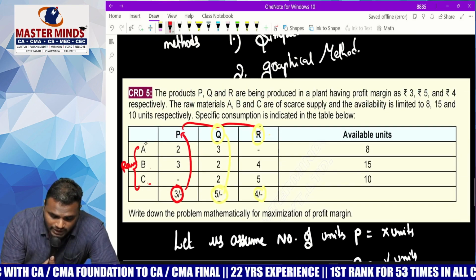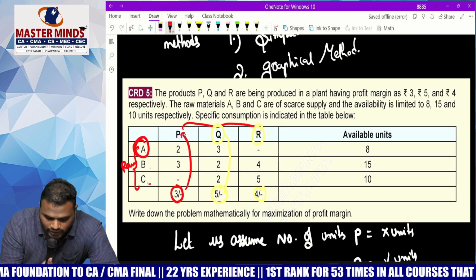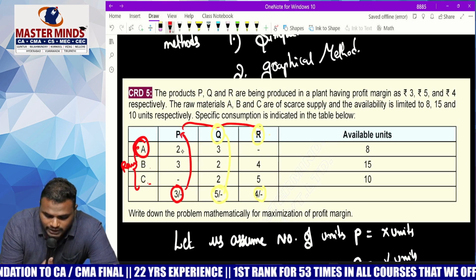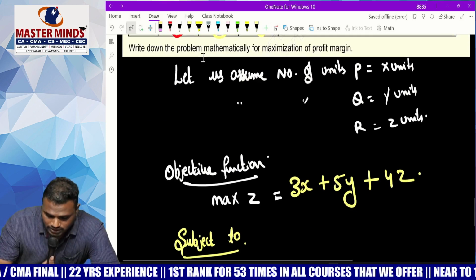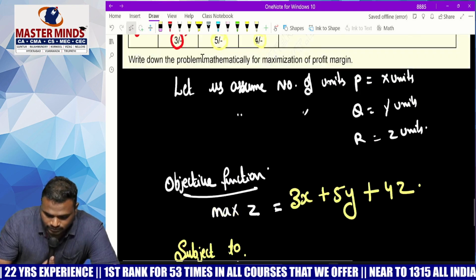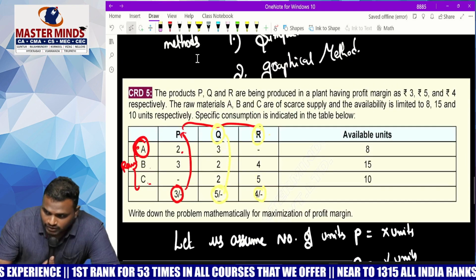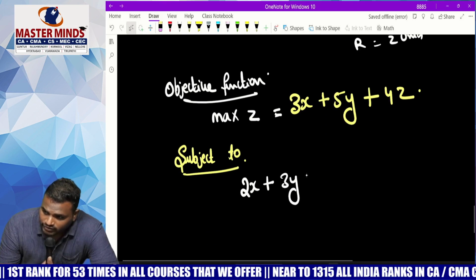What is the first equation? Raw material A. In order to prepare P, how many kgs will be required? 2 kg. How many units did you prepare? X. That is 2x plus 3y. Sir, is there any required for Z?